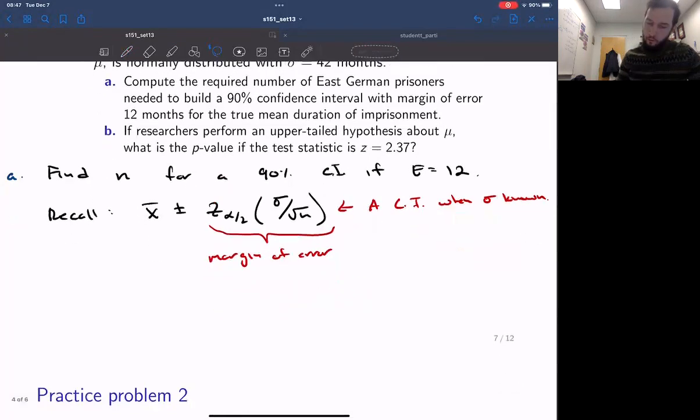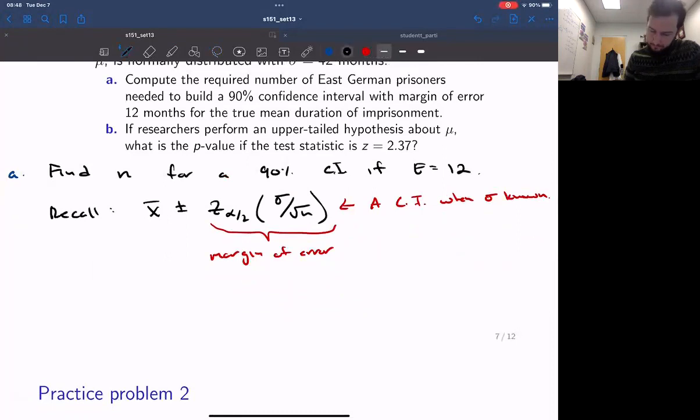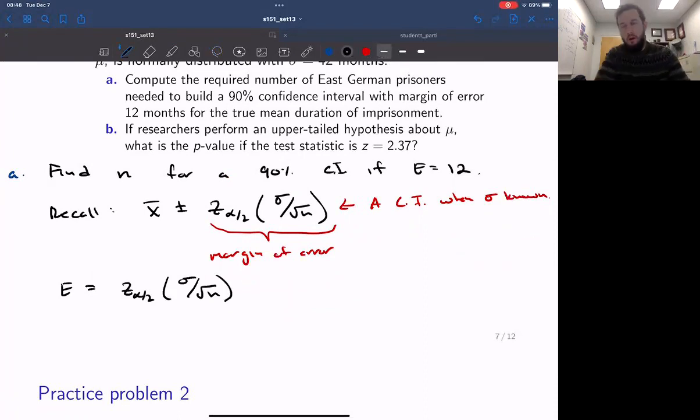Right. So what we are being told here is that E, the margin of error, is equal to Z alpha over 2 times sigma over the square root of n. We want to find little n. So what we have to do is rearrange this and solve for little n.